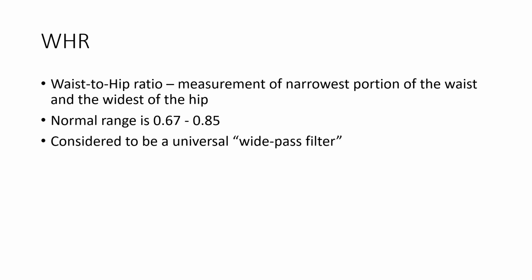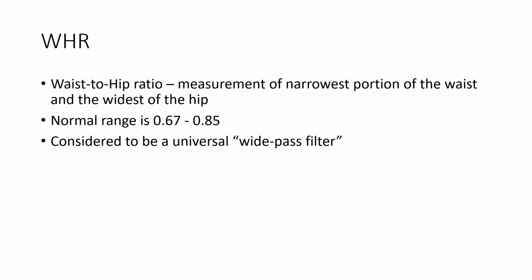And in evolutionary theory research, in this area of study, this is considered to be a pretty universal wide pass filter, meaning that if you are selecting a mate, it is likely that you're going to use certain criteria to try to select one that will be reproductively successful.